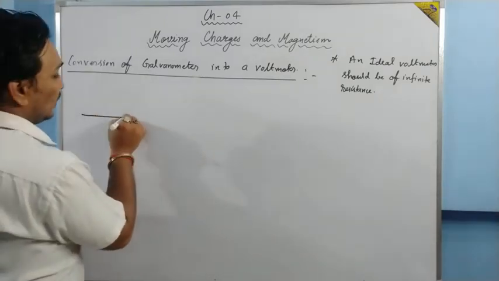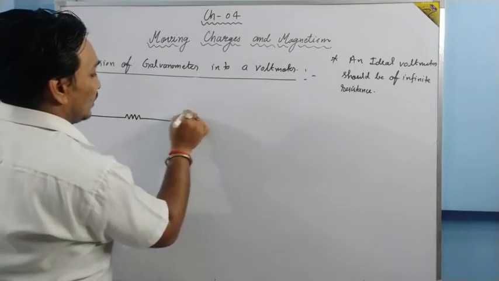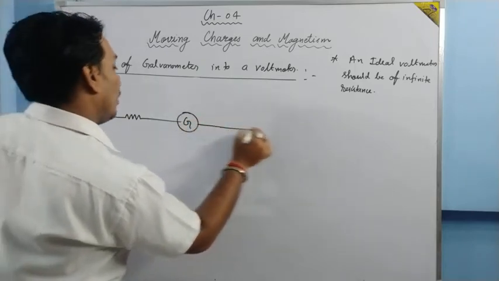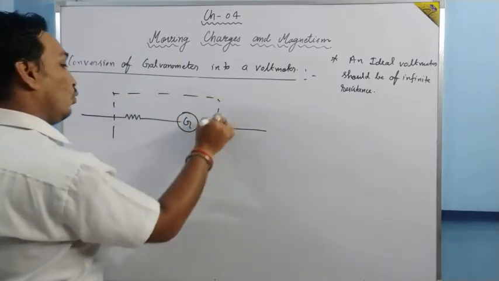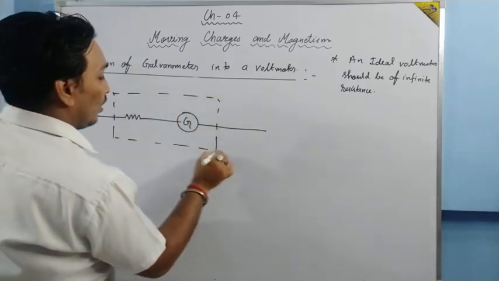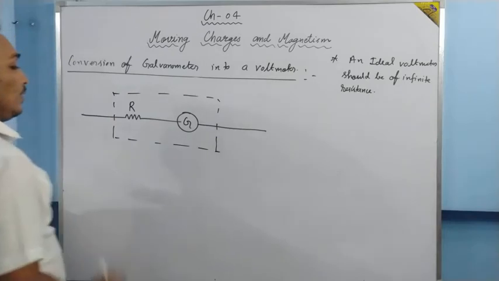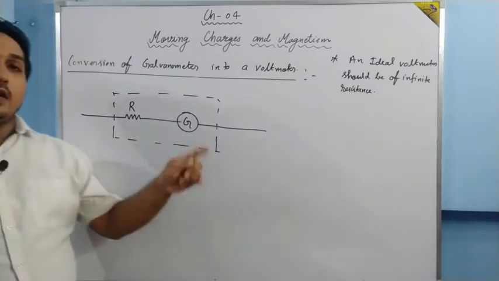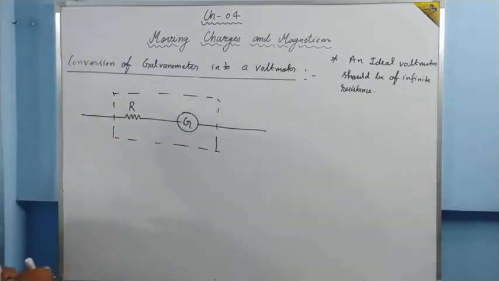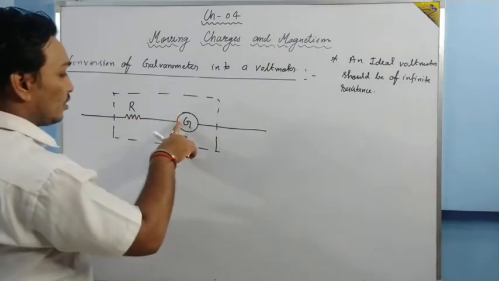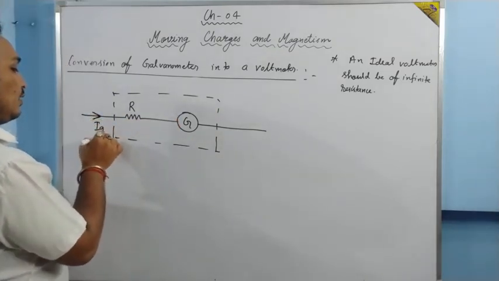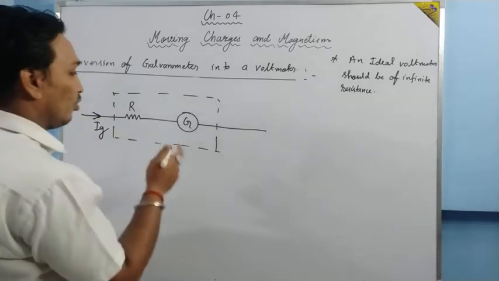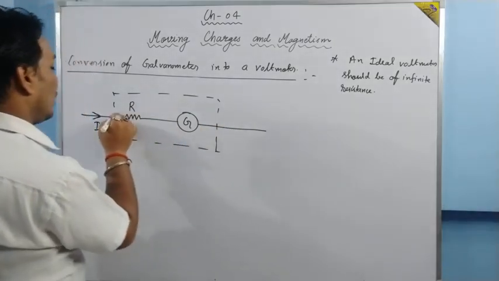So suppose this is our galvanometer, and now this galvanometer has to be converted into a voltmeter. So what we do? We connect a very high resistance, capital R, in series with the galvanometer. Now, since there is only one branch, the maximum current that can pass through this is Ig, because the galvanometer cannot bear a current more than this.